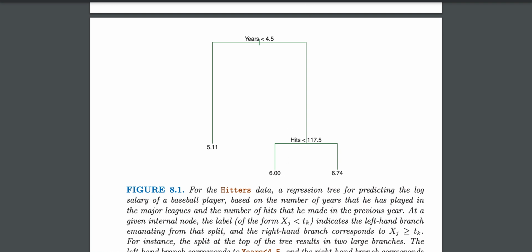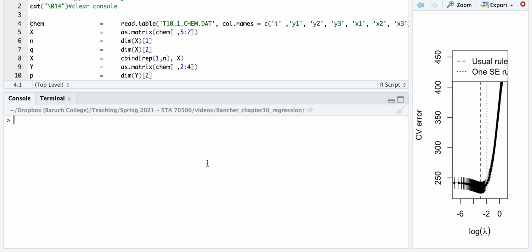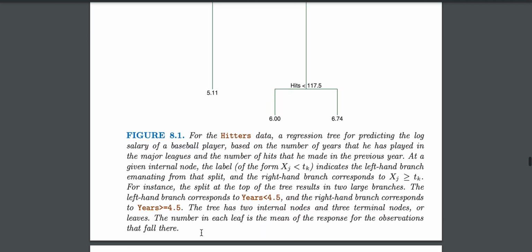So if log y is 6, then y is exp 6, and this is in thousands, so the salary is 403. The mean salary predicted is $403,000. So, okay, that's what we mean.